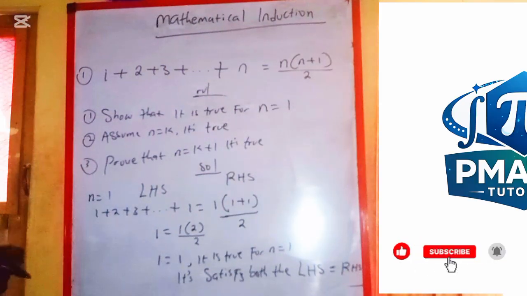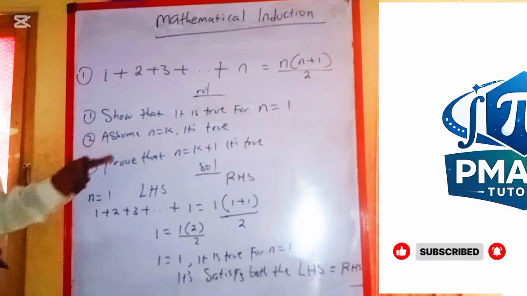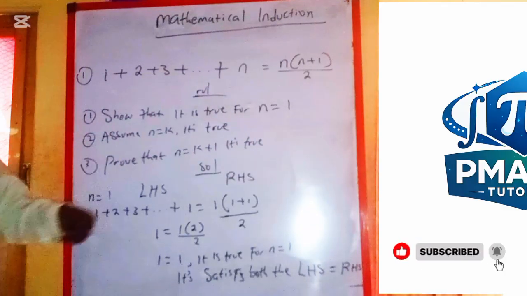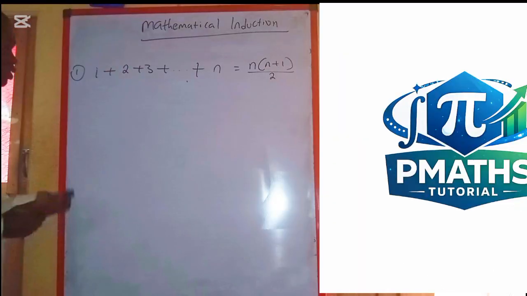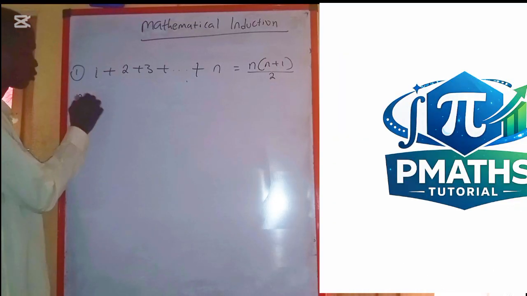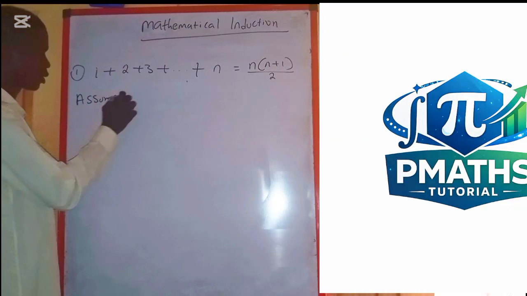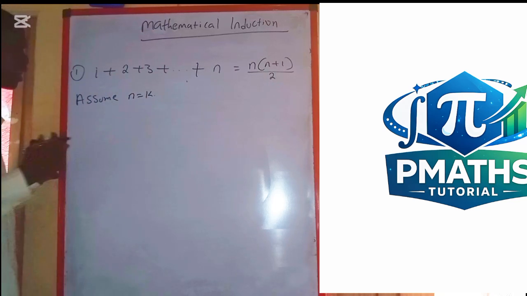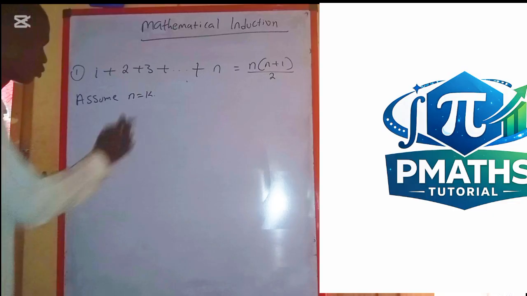So the next step is: assume n equals k is true. Assume n equals k is true.